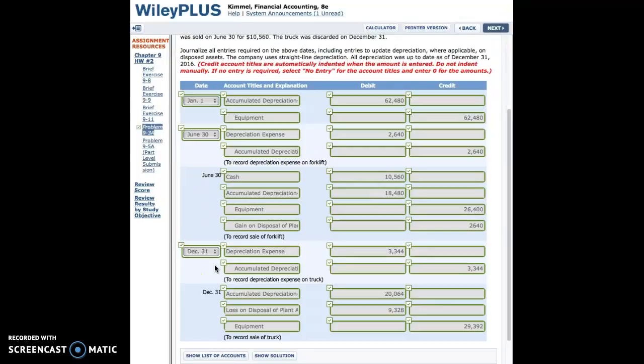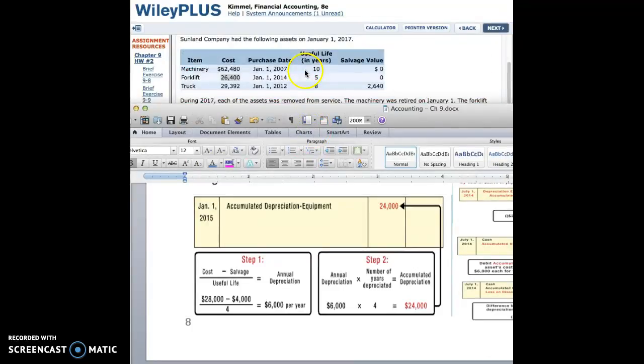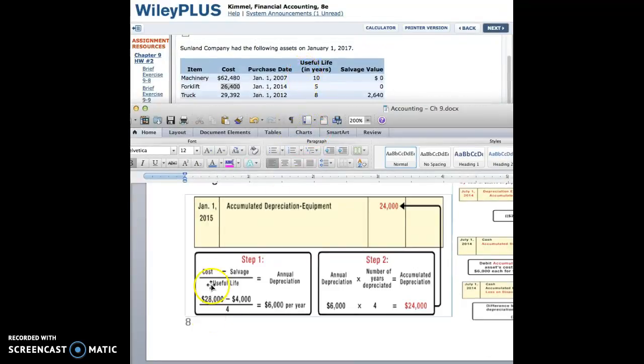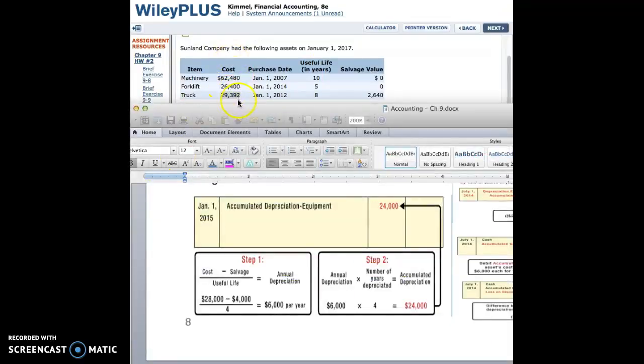And so what we do, if you remember this equation, for the truck, we take the cost, and that's the 29,392, and then we subtract the salvage value, 2,640, and then you divide that by the useful years, which is 8.